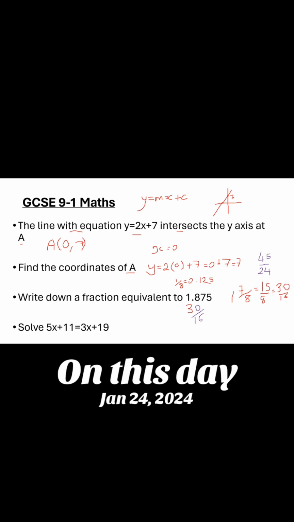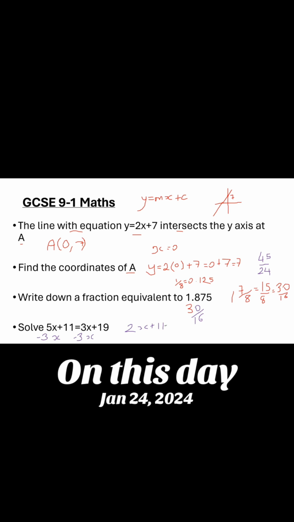This next one, solve 5x plus 11 equals 3x plus 19. I'm going to subtract 3x on both sides of my equation to balance each side respectively. 5x take 3x is going to be 2x. I've got 2x plus 11 is equal to 19. Now I've got a two-step equation which I can then solve.